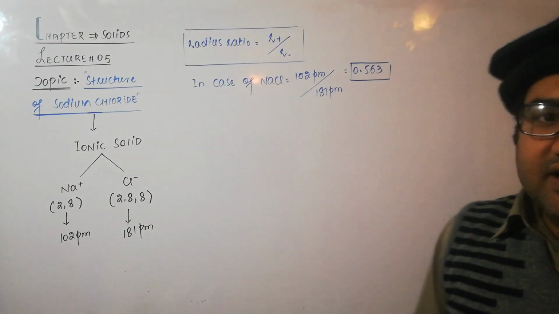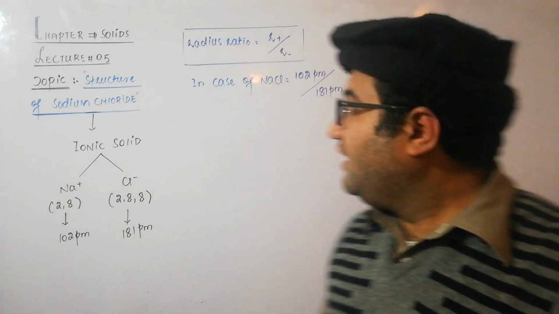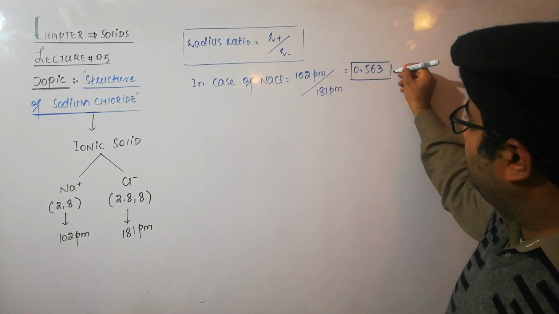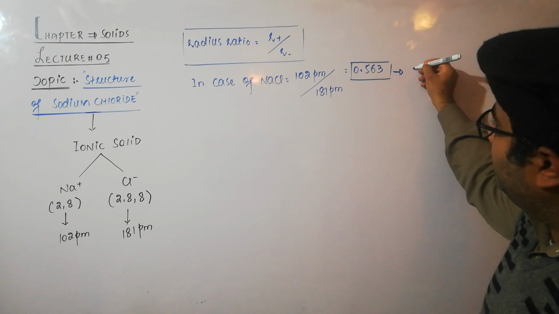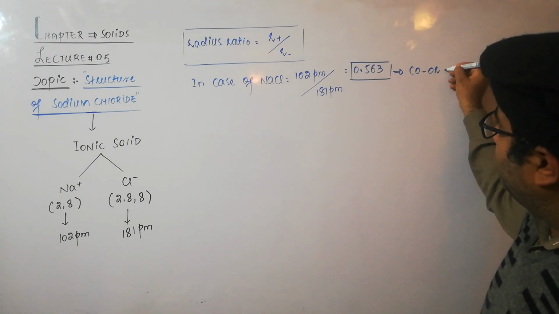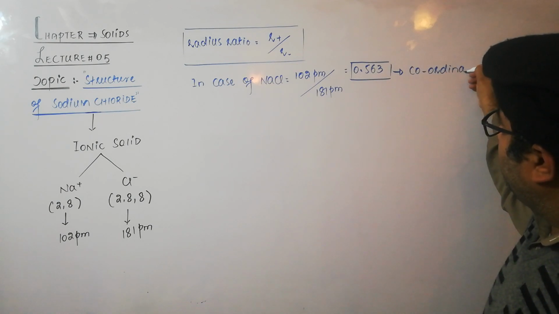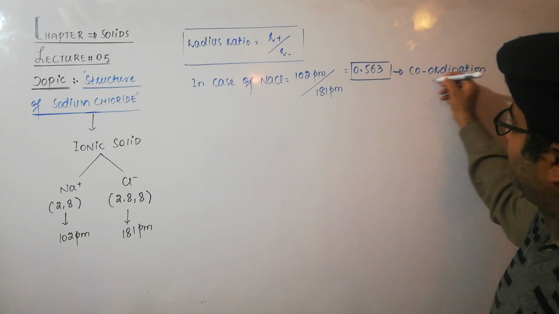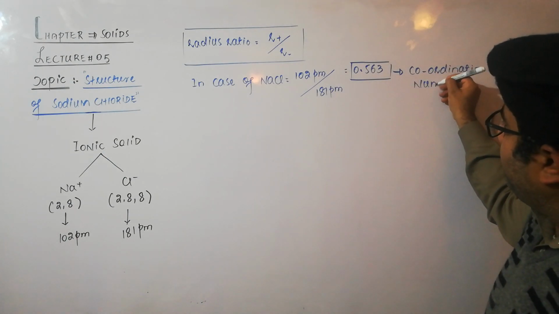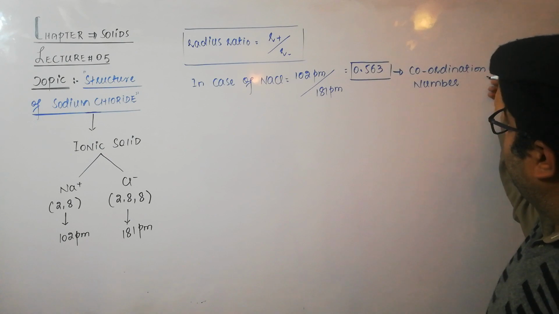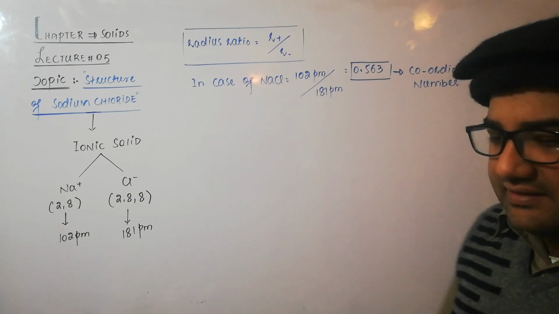Now this one is the radius ratio of the sodium chloride, and this radius ratio shows that the coordination number of sodium chloride should be equal to 6.